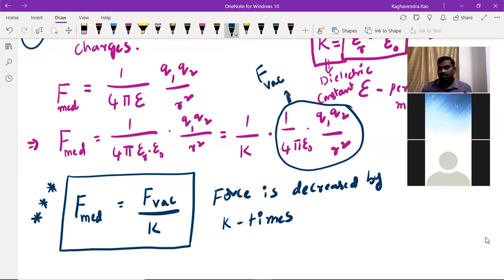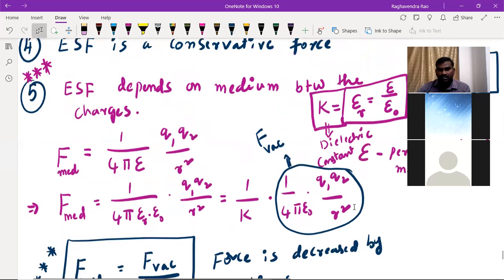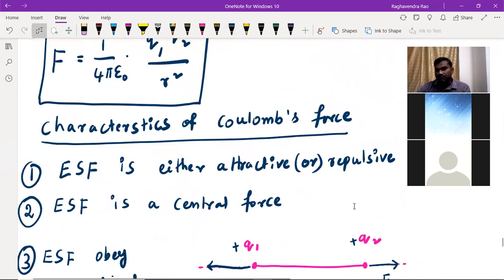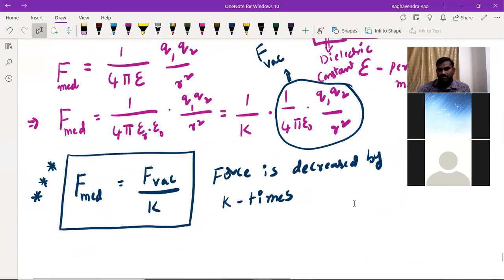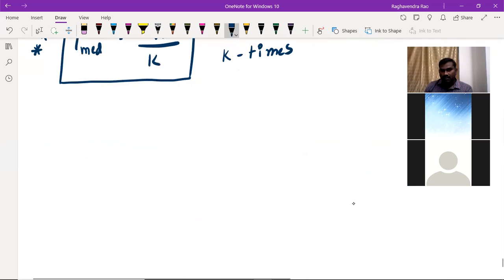That's all. These are the important points regarding the characteristics of Coulomb force. Now, coming to vector form.